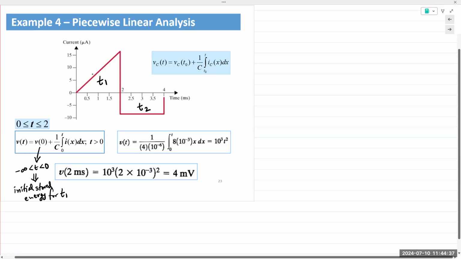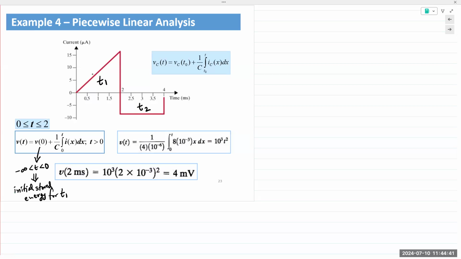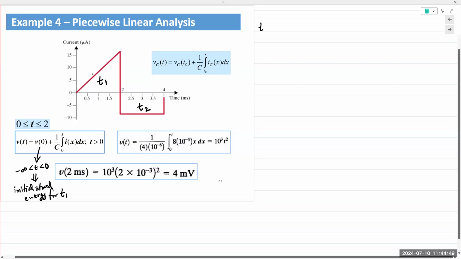Does that make sense? V of t is broken up into two time periods. For T1, let's write this down. We're analyzing for T1.